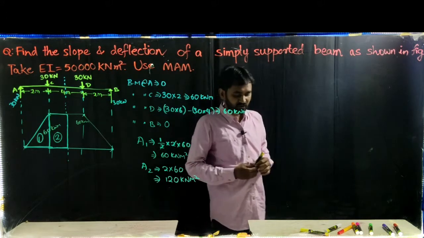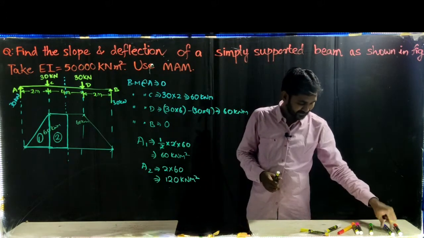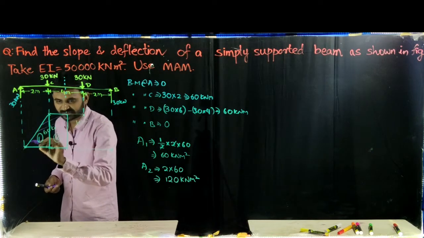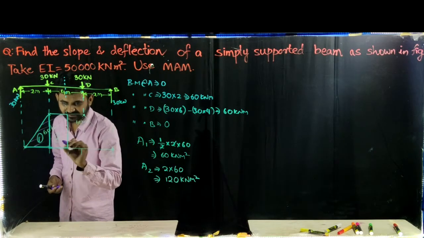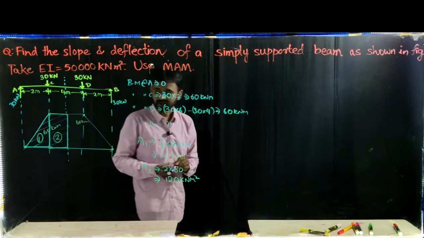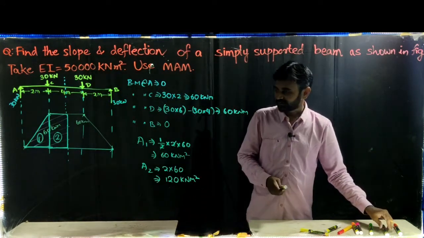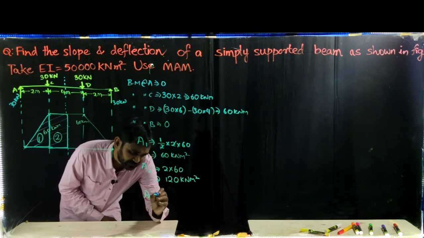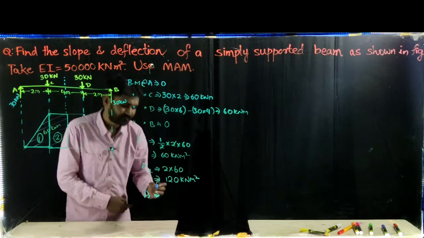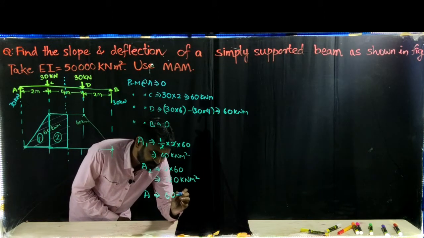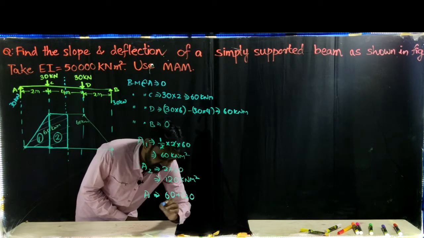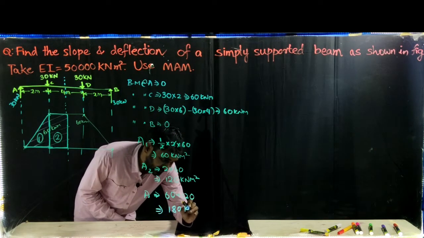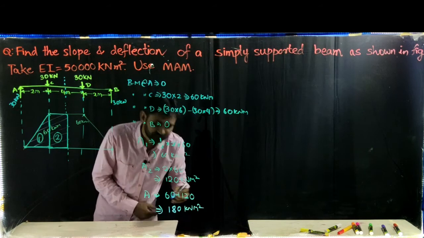Now I want the area of this complete section, right? In this I got one rectangle and one triangle. Now what will be my total area? That is A1 plus A2. Therefore capital A is equal to A1 plus A2, that is 60 plus 120 gives us 180 kilonewton meter square.